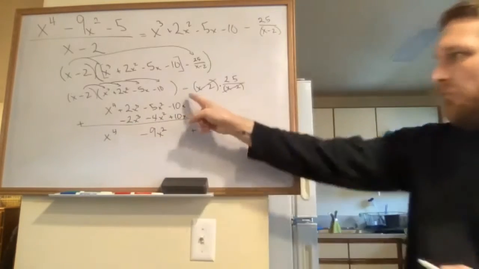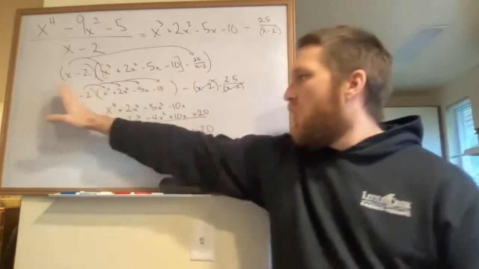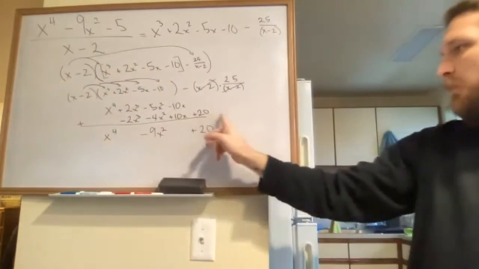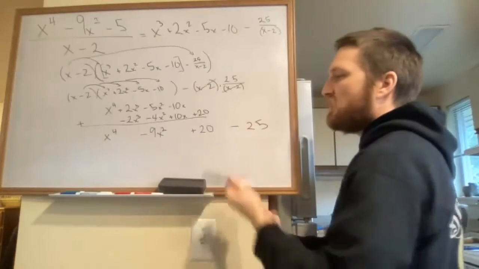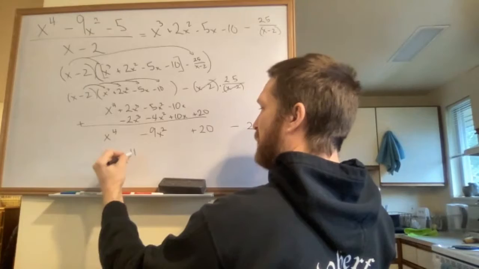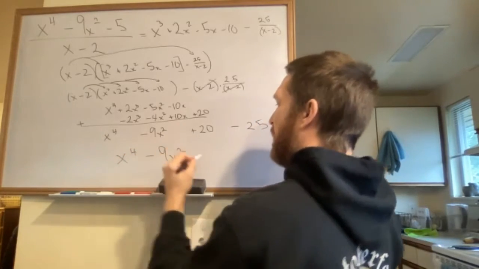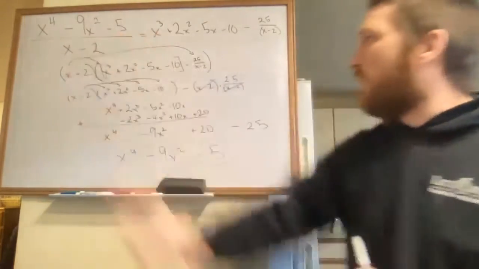But then, oh, this guy out there, those two worked out to be minus 25. So what's 20 minus 25? Minus 5. x to the fourth minus 9x squared minus 5 is indeed what we started off with.